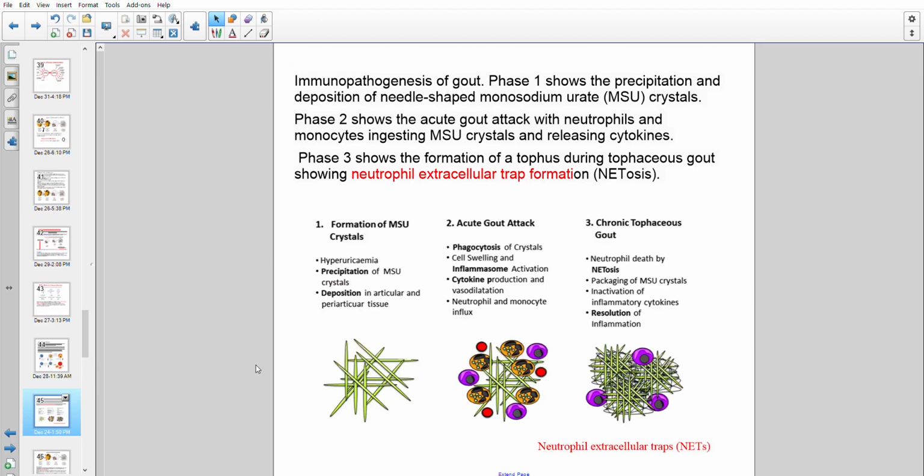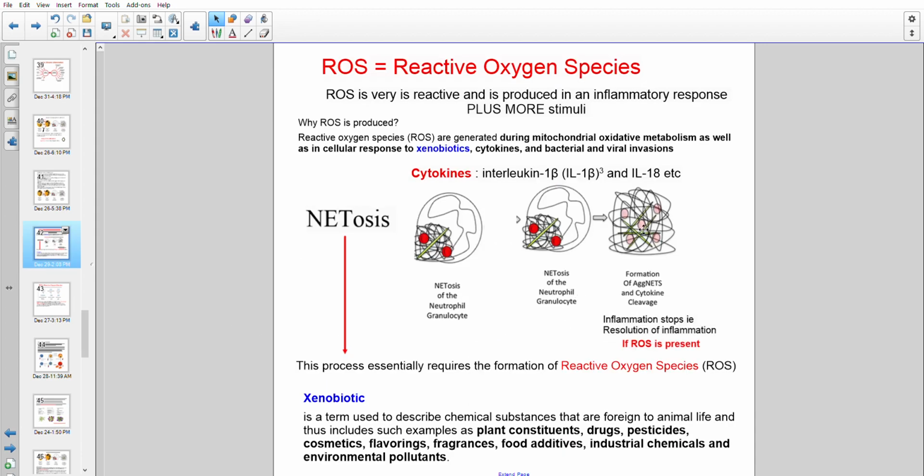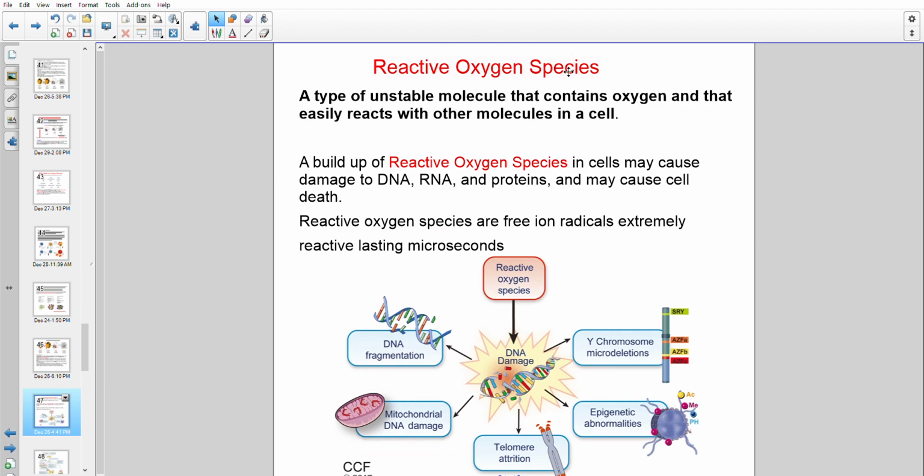And here is the example of the 3 stages. These neutrophil extracellular traps are forming there, and then they are broken down by reactive oxygen species and other materials here. Reactive oxygen species, I told you, is very, very dangerous.